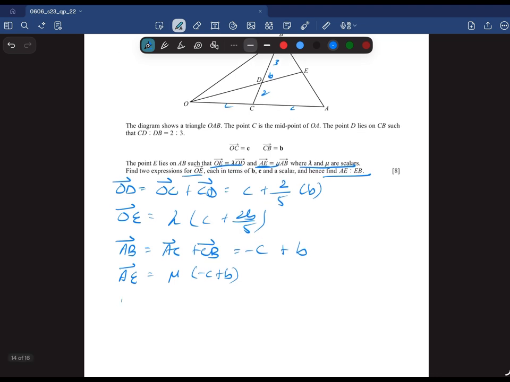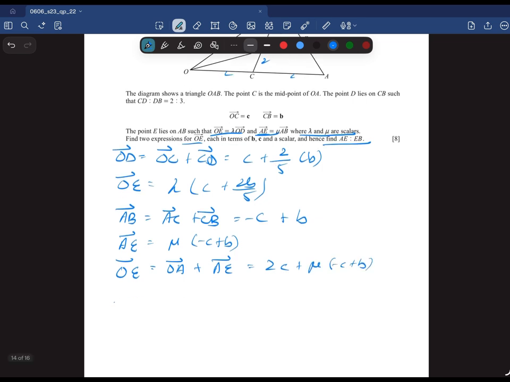OE would be simple: OA plus AE. That will be equal to 2c plus mu times minus c plus b. Equating the two, lambda times c plus 2b upon 5 would be equal to 2c plus mu times minus c plus b.